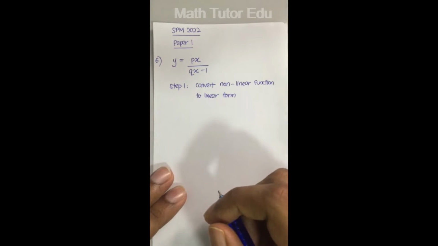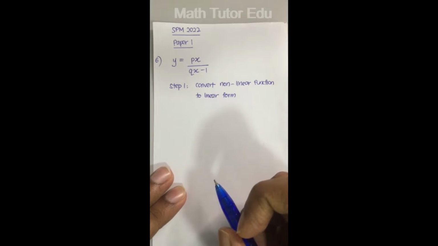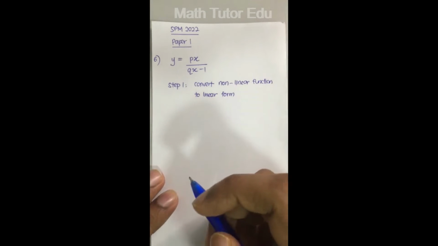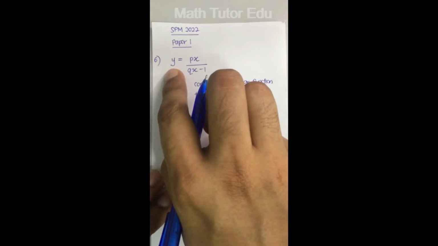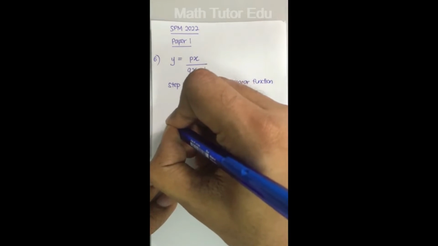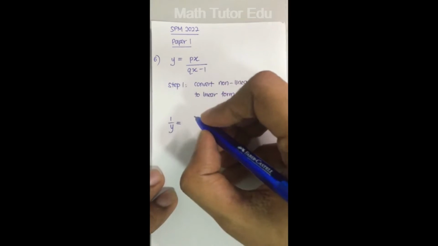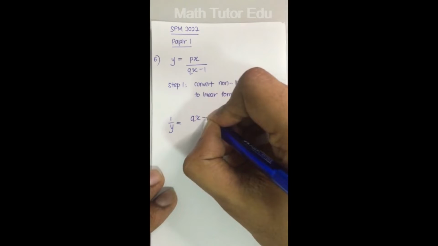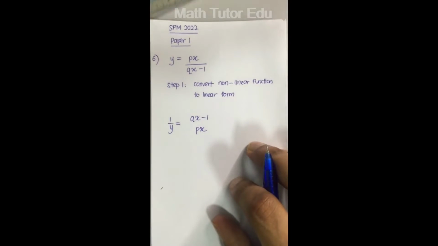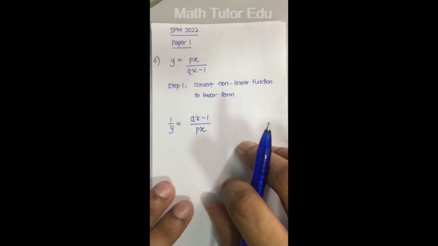Since in the question they ask us to come up with the equation of 1 over y against 1 over x, what we're going to do is invert this. So in the left hand side, it will become 1 over y. In the right hand side, it will become qx minus 1 divided by px.